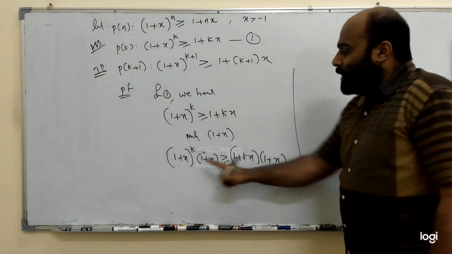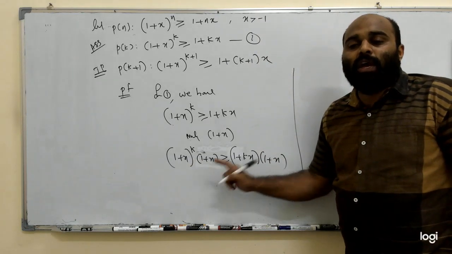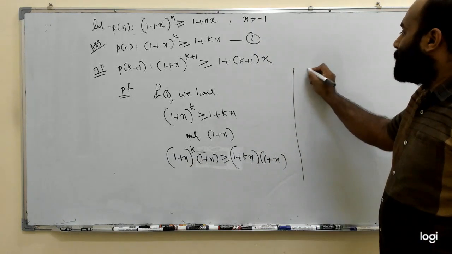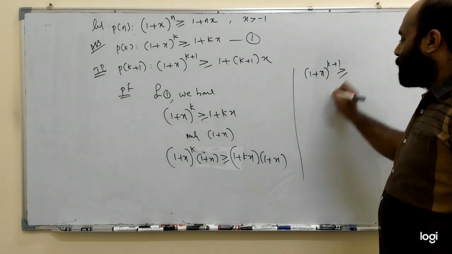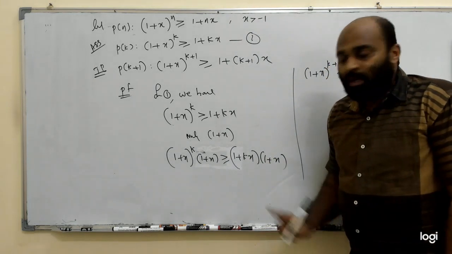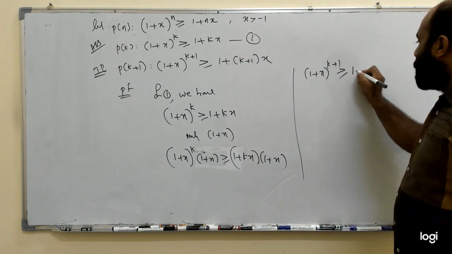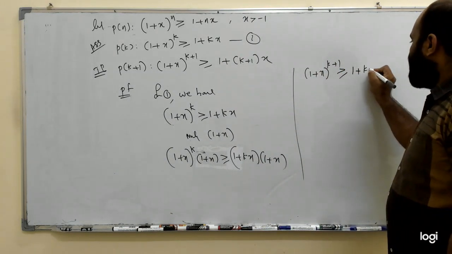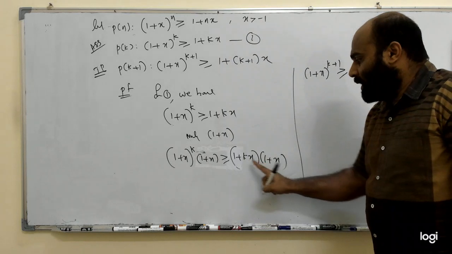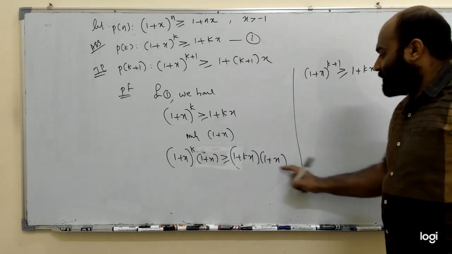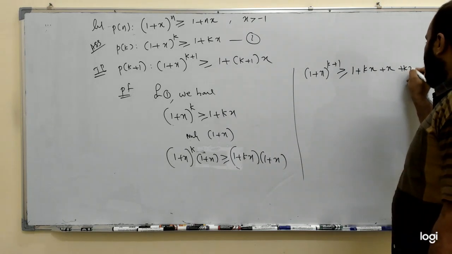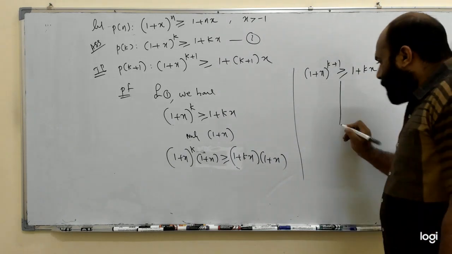Now you know a raised to m into a raised to n is a raised to m plus n. So our left side is ready. Greater than or equal to, this you have to open. When we open it, you will get 1 plus x plus kx plus kx square. I told you, you can draw a line.